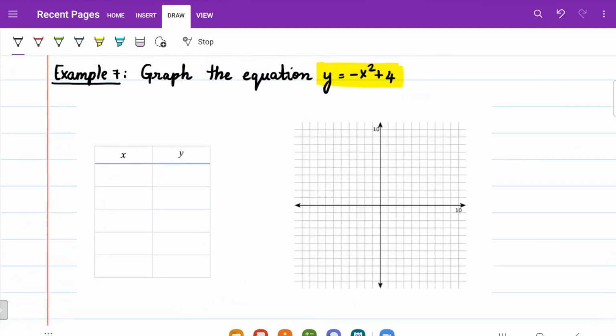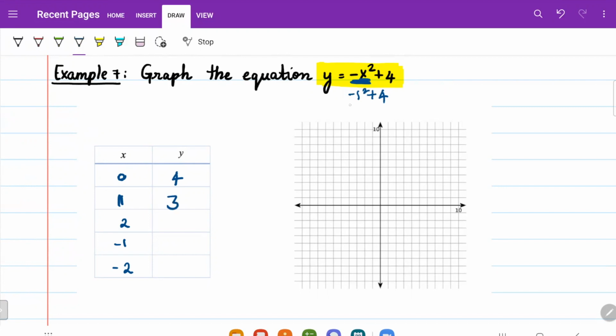Here we have y equals minus x squared plus 4. Let us do the same thing where we have 0, 1, 2, minus 1, minus 2. So when x is 0, we plug in x equals 0 in this equation, and then we get 4. Then we plug in x as 1. So this is minus 1 squared plus 4, which is 4 minus 1, which is 3.